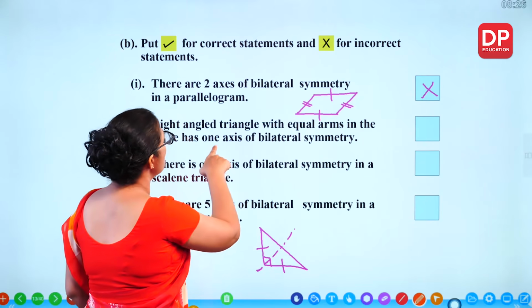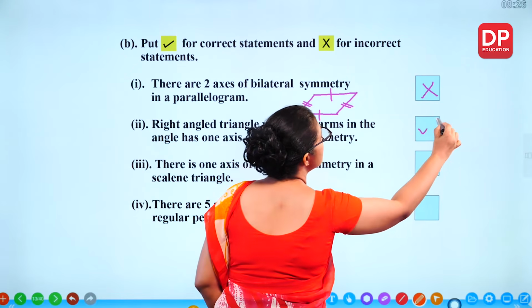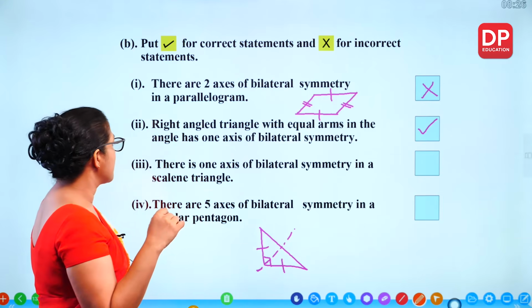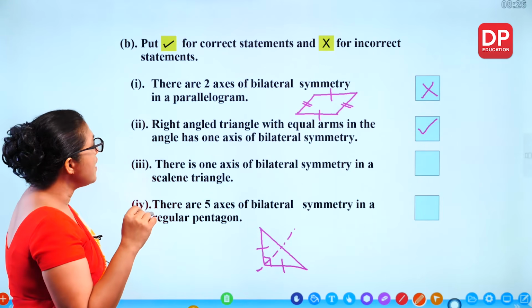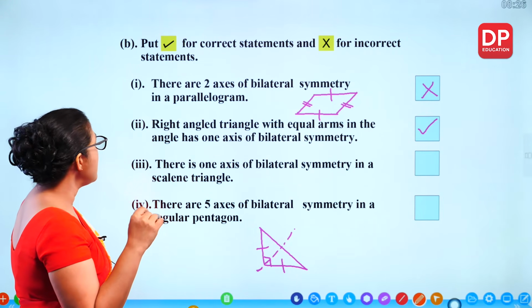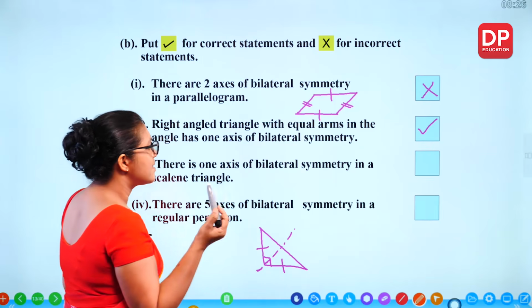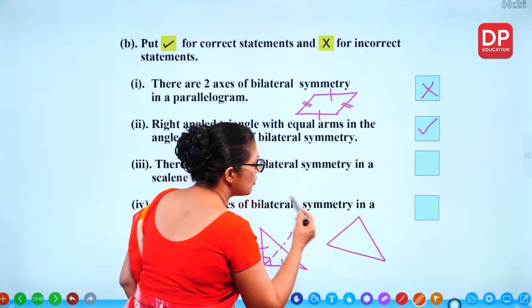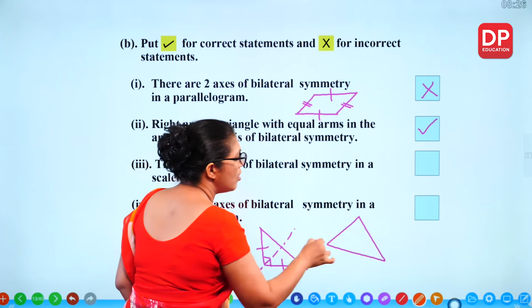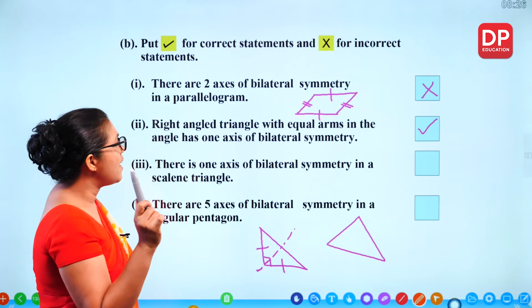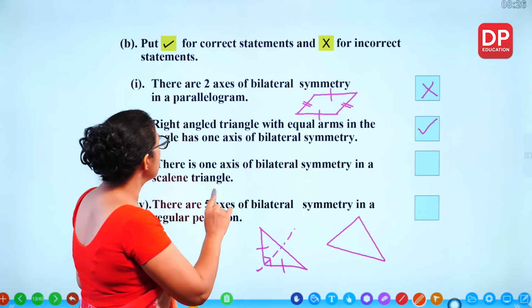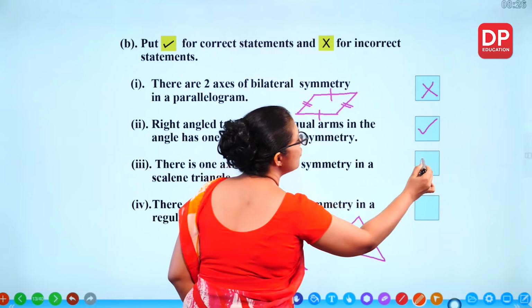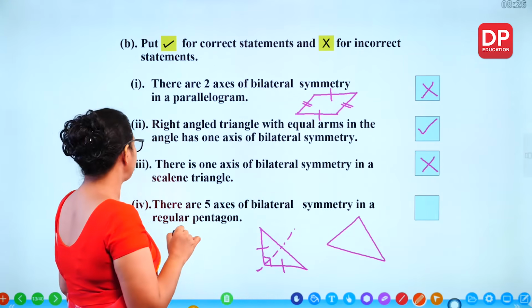So it has one axis of bilateral symmetry. That's correct. There is one axis of bilateral symmetry in a scalene triangle. Scalene means all lengths are not equal. So you can't draw any axis of symmetry. So this is wrong. You don't get any line.